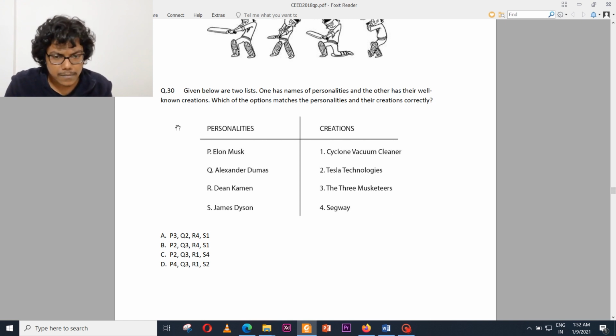This is also like option मिलन elimination, एक दो आना चाहिए बस, जैसे P टेस्ला P2 A और D गया, BC में से कोई. अब BC में you don't have to look for Q3, you have to just look for 1 and 4. तो सेकंड वैक्यूम क्लीनर और सेगवे किसका है? वैक्यूम क्लीनर आई गेस डायसन का.